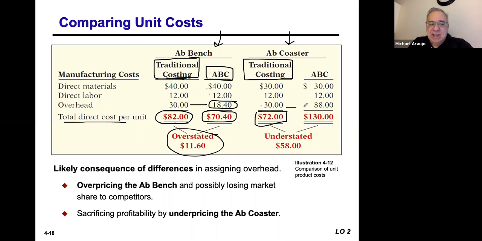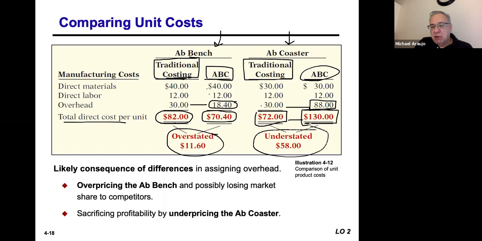When in fact, the overhead, using activity-based costing, once we identify those cost drivers and see how much we're really spending to create an ab coaster, you can see $88 is significantly higher than 30 bucks, which means our real cost to produce a coaster is 130 bucks, not 72 bucks. We understated the cost by 58 bucks if we use traditional cost methods.